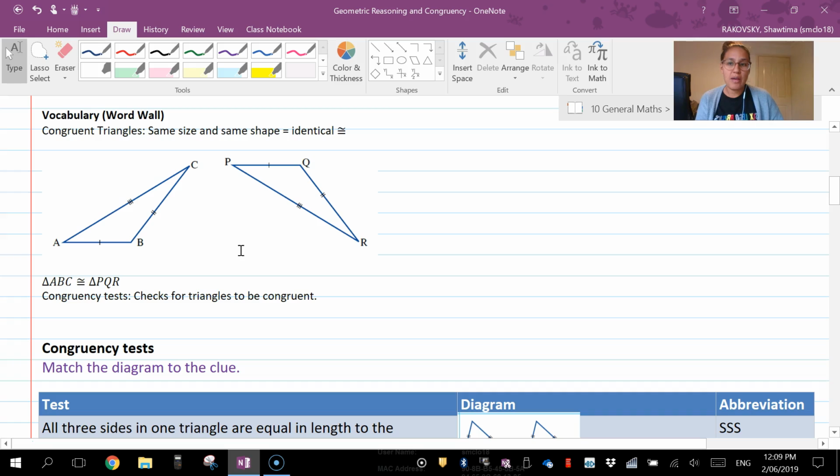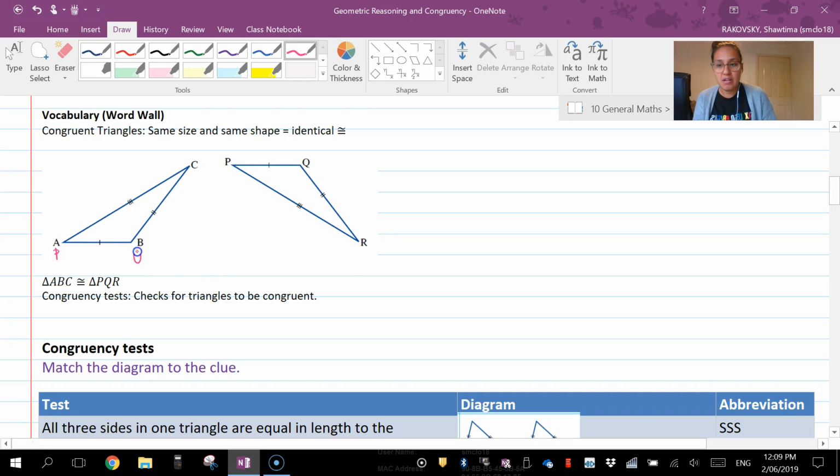So here we go, vocab. Congruent triangles means that they are exactly the same shape and the same size. They are denoted by the symbol of congruency. So triangle ABC is congruent to PQR, and you'll notice that PQR corresponds. If I took PQR and flipped it over, it would overlay ABC.